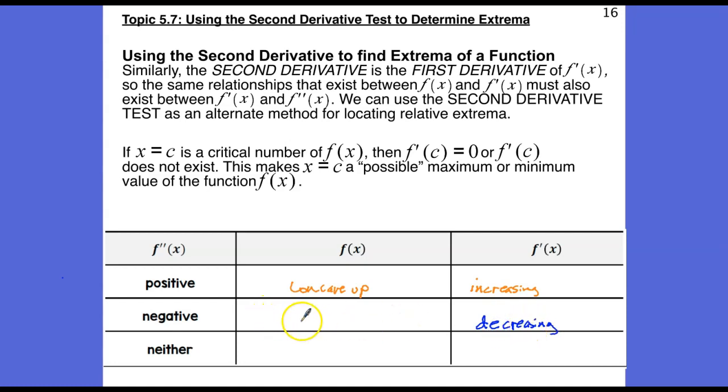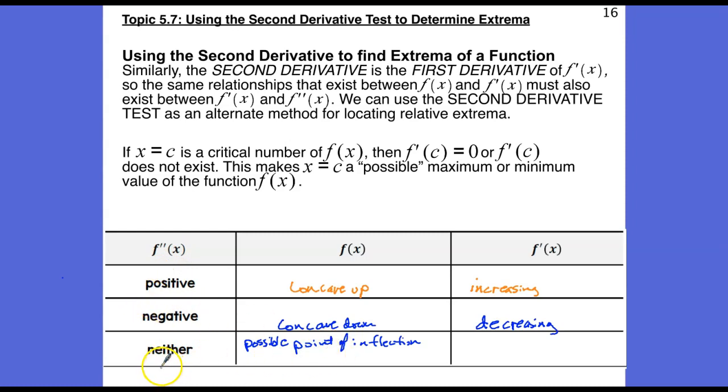And if it's decreasing, f of x must be concave down. Now, if f double prime of x is neither positive nor negative, that means it's a possible point of inflection for the original function. Remember that it could be that if the concavity is the same on either side of that point where you've taken the second derivative, it won't be a point of inflection.